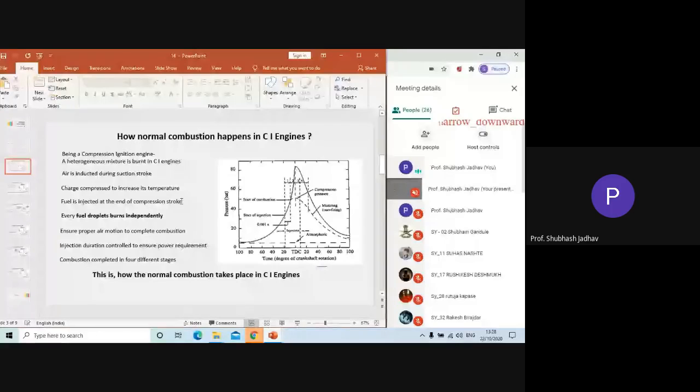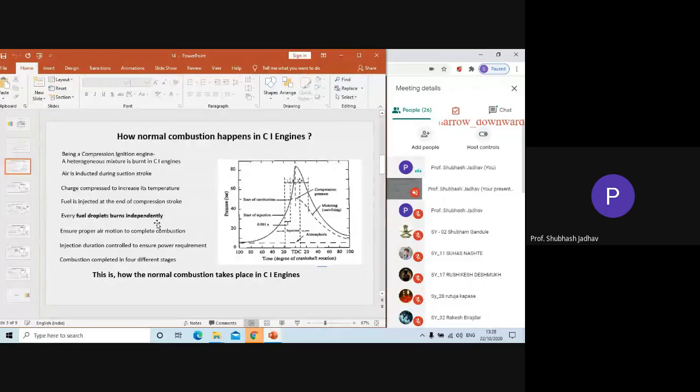We ensure that the fuel is distributed in the combustion chamber in a good manner, even though it is a heterogeneous mixture. Every droplet is supposed to burn independently. The scenario is something like the cracking of crackers bursting in the sky on a Diwali day, early morning.